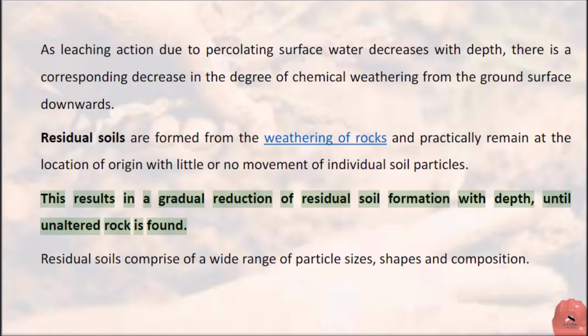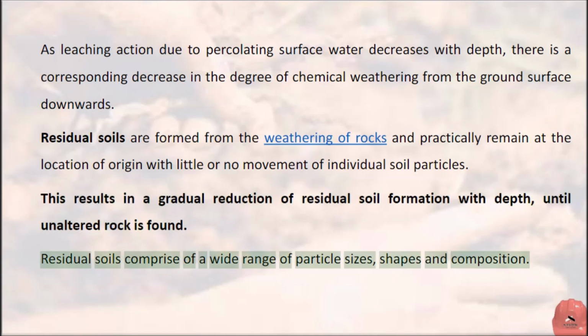This results in a gradual reduction of residual soil formation with depth, until unaltered rock is found. Residual soils comprise a wide range of particle sizes, shapes and composition.